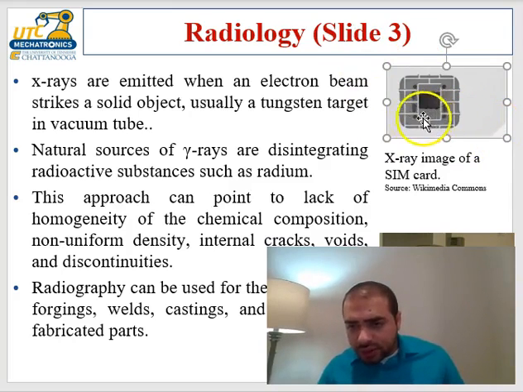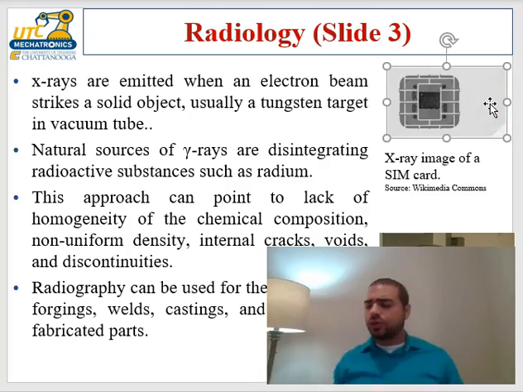Look at it carefully. This is the electrical circuits inside. So you can see inside the SIM card how the electrical circuit is using X-rays. It can tell you, for example, there's a discontinuity, or a cut wire, or a crack or anything.